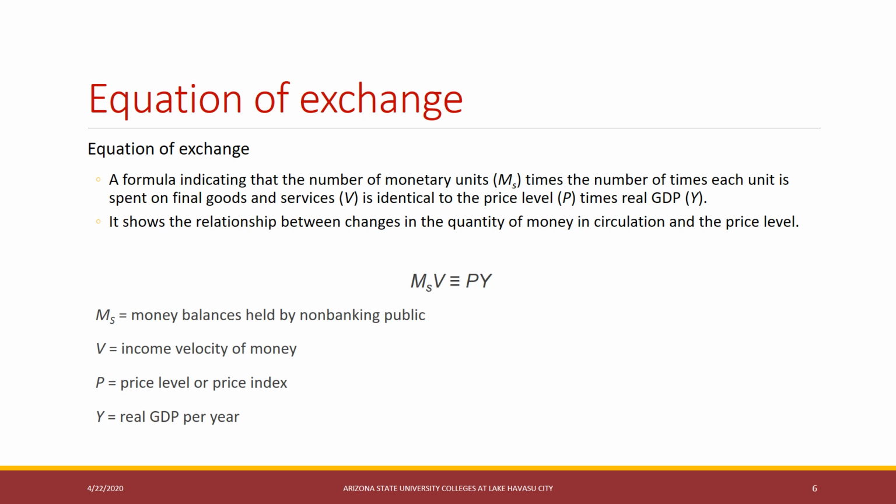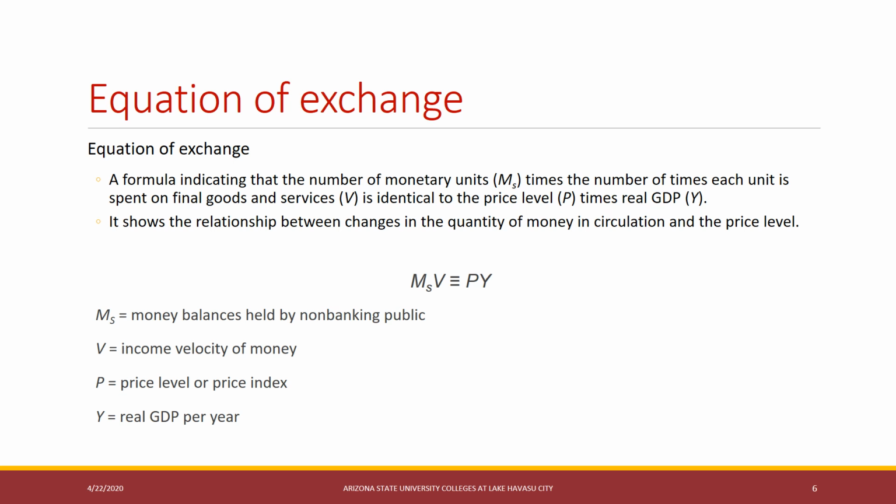Let's move on to the equation of exchange and the quantity theory. A simple way to show the relationship between the changes in the quantity of money in circulation and the price level is through the equation of exchange, and it is developed by Irving Fisher.